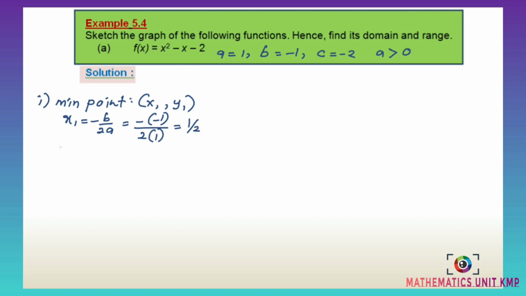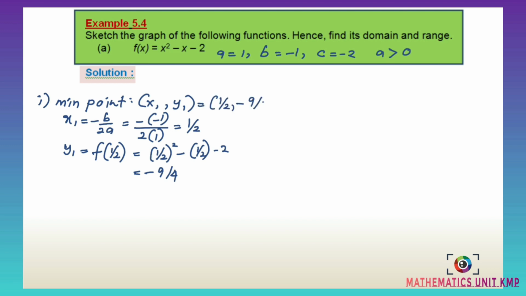Find the value of y1 by substituting the value of x1 into the function: 1 over 2 squared minus 1 over 2 minus 2. We calculate, and we get negative 9 over 4. That means the minimum point is at (1/2, negative 9/4).